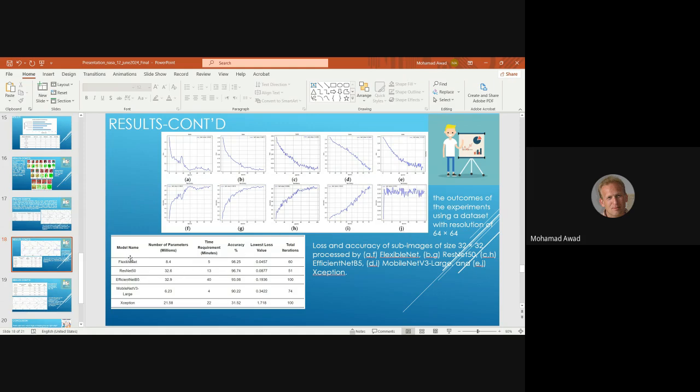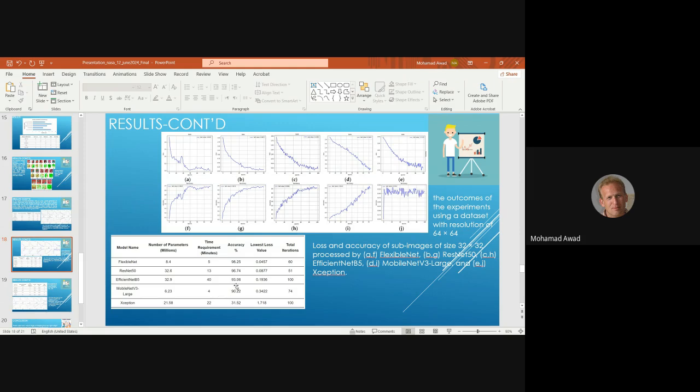We can see in the table that the accuracy for FlexibleNet is the highest and it has the lowest loss value, but it has a higher number of parameters compared to MobileNet V3 Large, and at the same time it took more time to converge than MobileNet V3 Large.